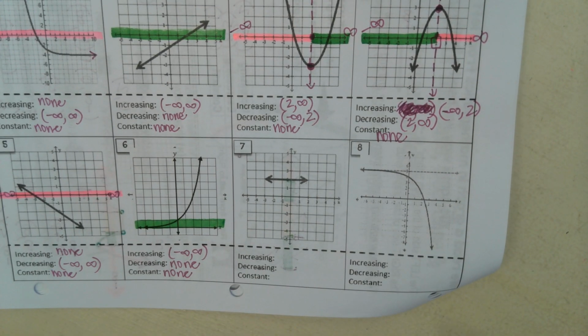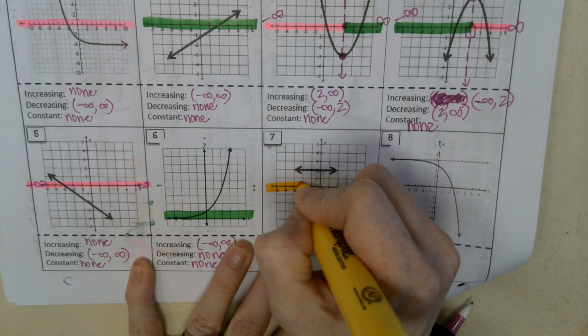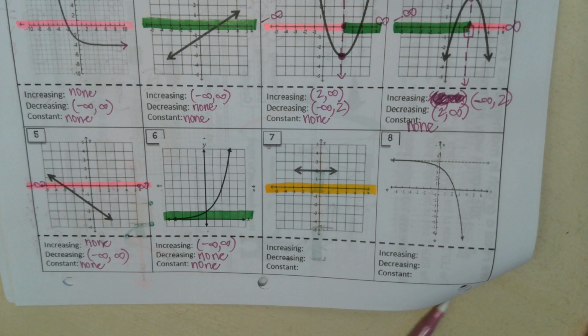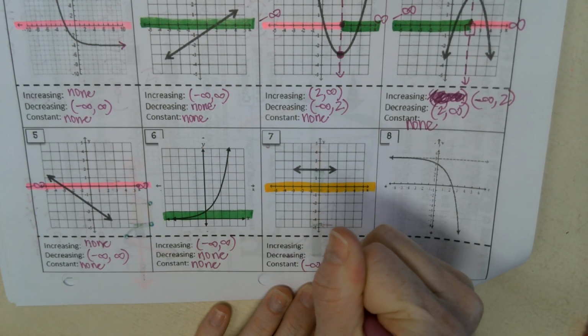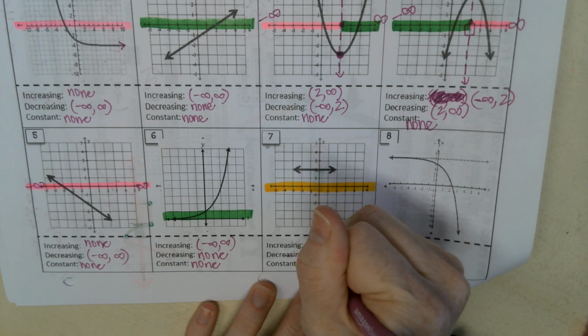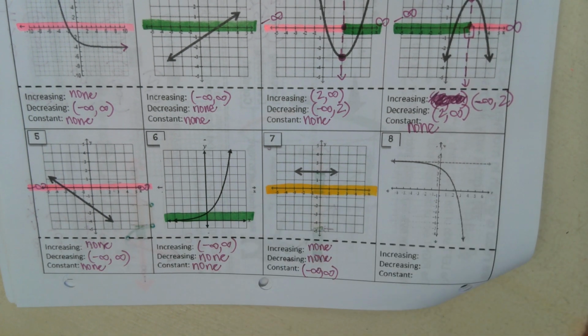Okay, number 7 is a line. The whole thing, friends, is constant because it is flat. So from negative infinity to positive infinity, the whole thing is constant.